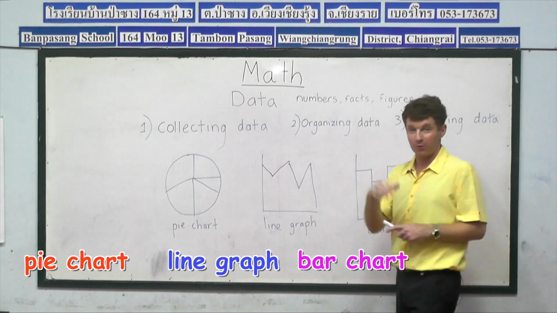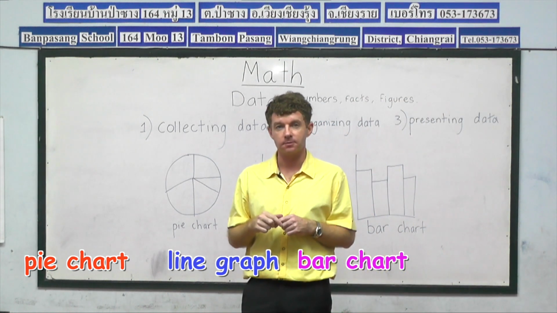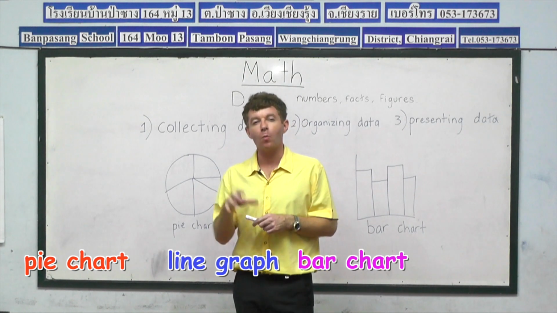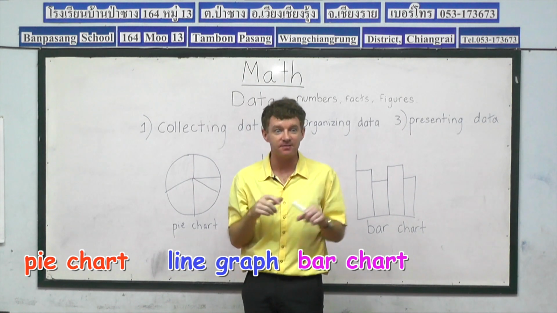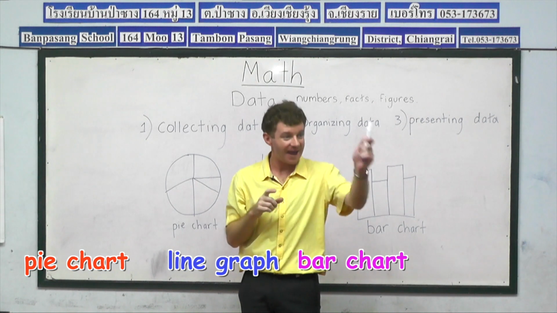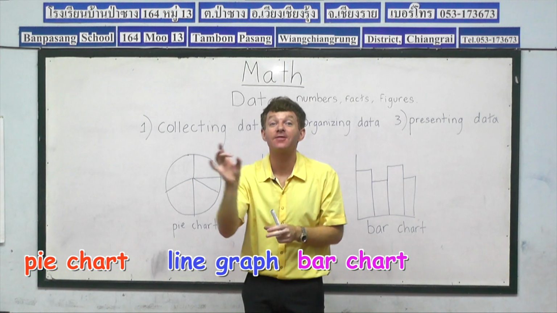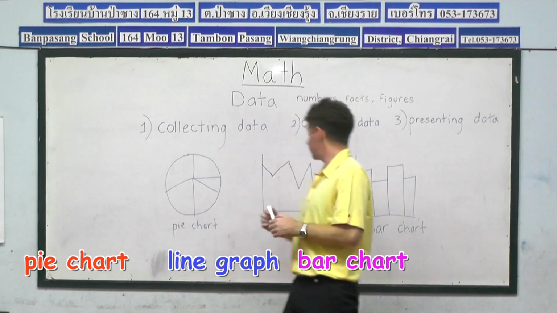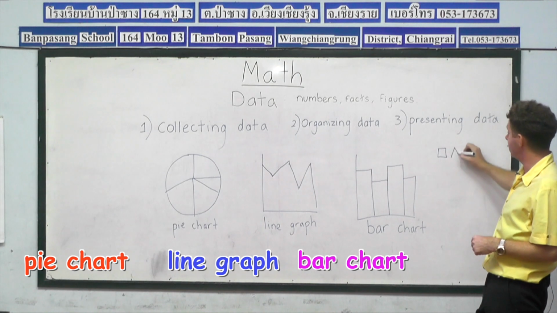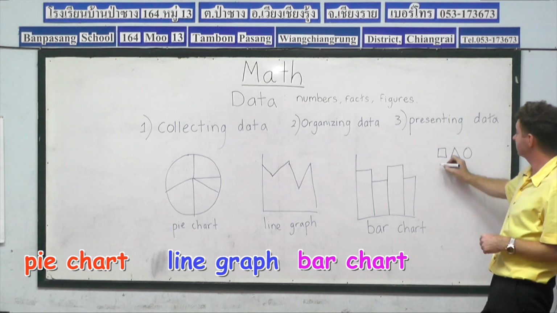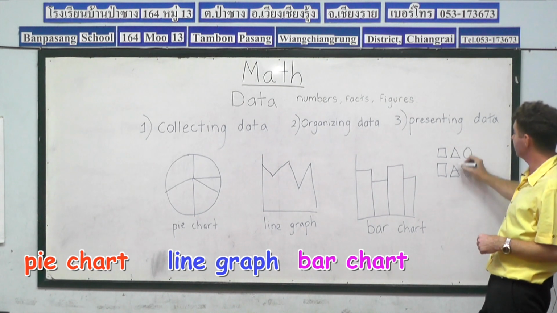But there was one other type of graph or chart that we use. Can anybody remember what we call it when we use pictures to represent the data? Excellent. The clue is in the name, pictograph. Okay? So if we have a series of pictures that can be anything, such as shapes, this is what we would call our pictograph.